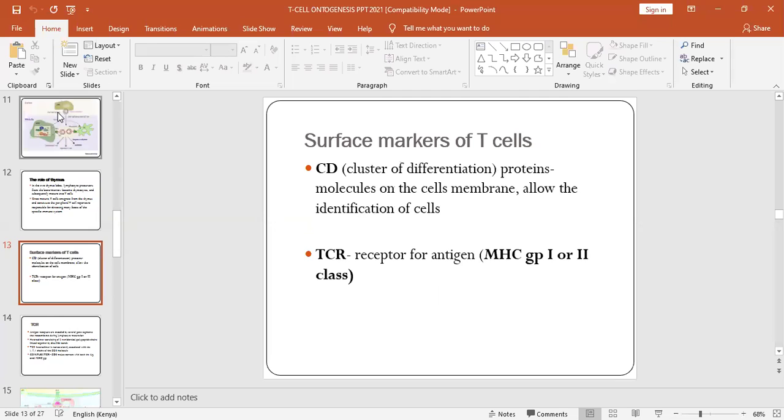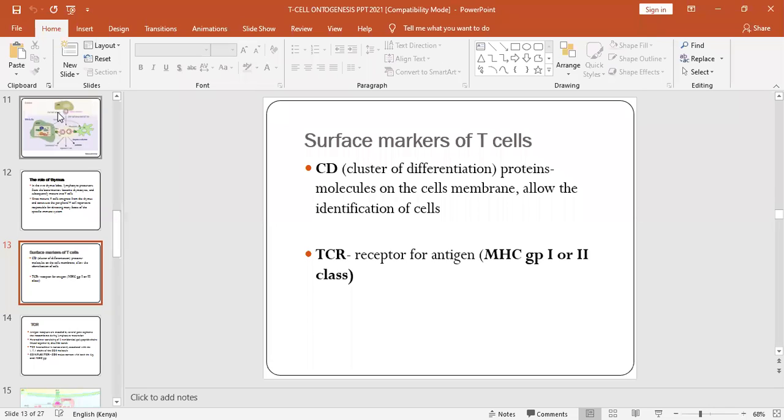Okay. Now, there is always what we call the cluster of differentiation. These are antigens that are found on the surface of the T cells, and they are labeled in the order in which they were discovered. There is CD1, 2, 3, and so forth. I can't tell you how many there are at the moment, but these are simply the proteins that differentiate them as populations of T cells. Some are shared, others are not shared.